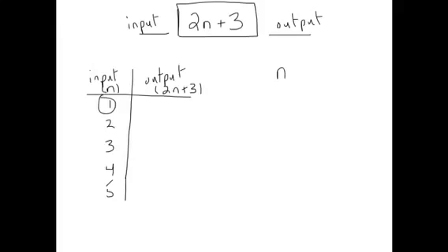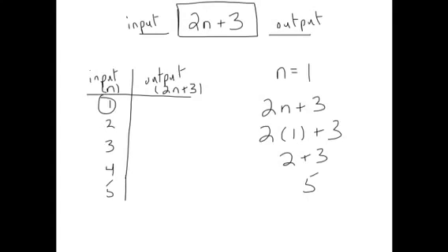When n equals 1, we have 2n plus 3. We're going to put 2, there's the 1, plus 3, 2 plus 3. We have 5. We put that over.